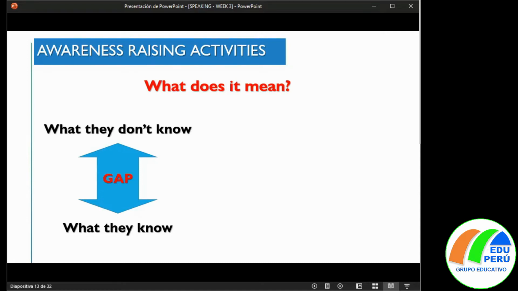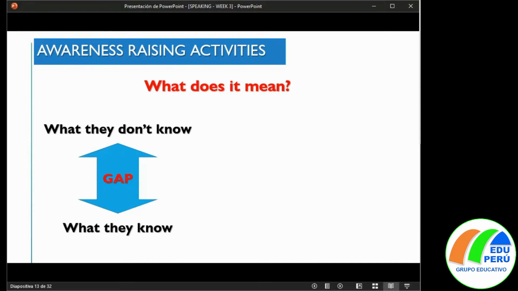So between this we have a gap, a space, and we need to fill this gap between what they know and what they don't know.